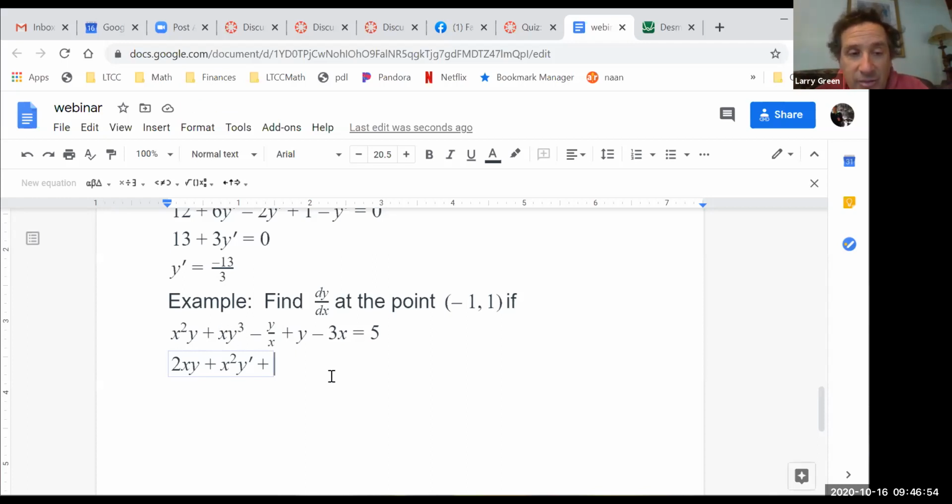So the derivative of x is 1 times y cubed plus, and then we're going to have x times the derivative of y cubed. Well, the derivative of y cubed is 3y squared. But we got to use a chain rule and multiply by y prime. So I want to stop. Any questions on how I came up with that so far?